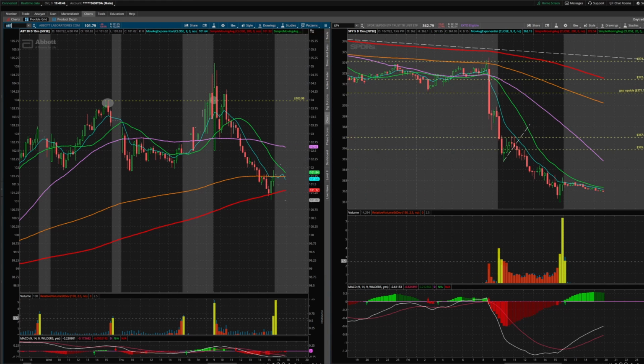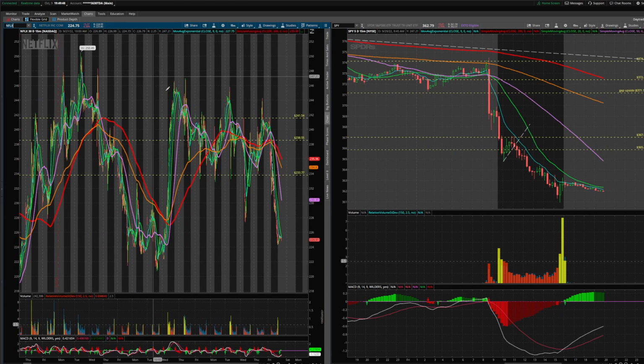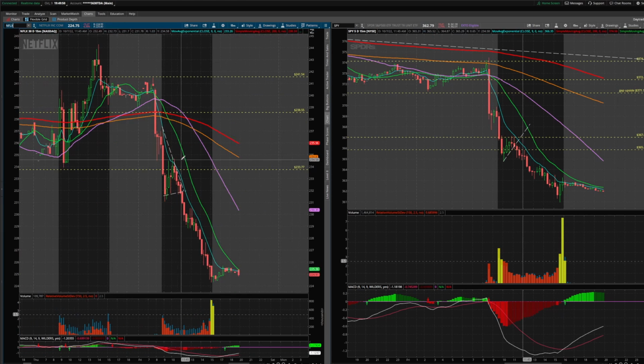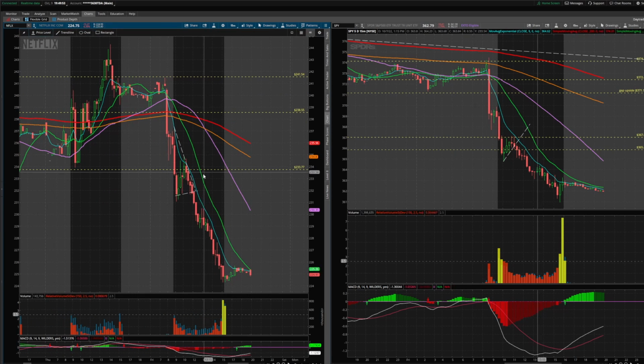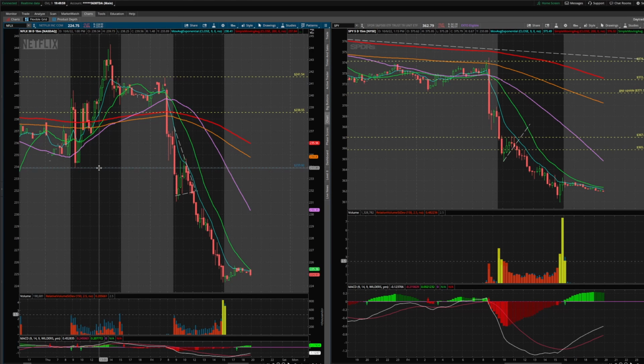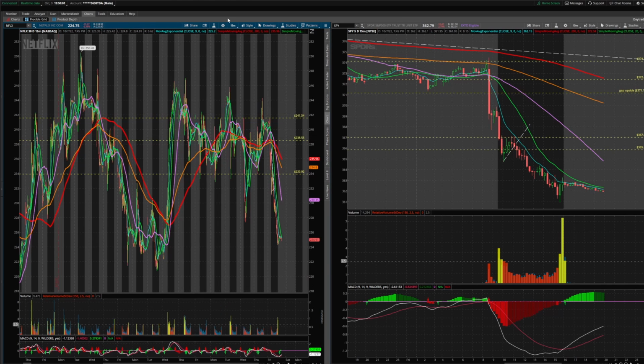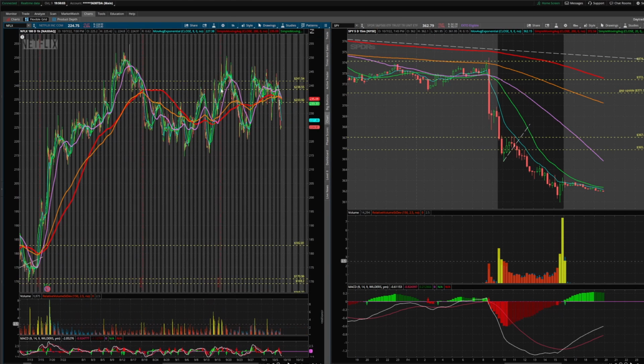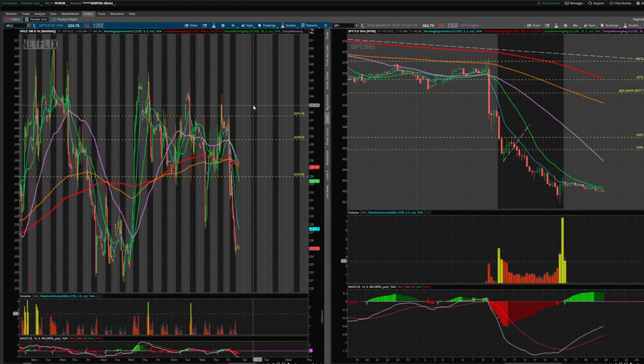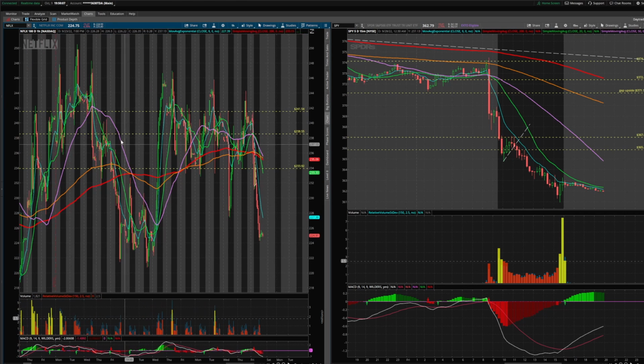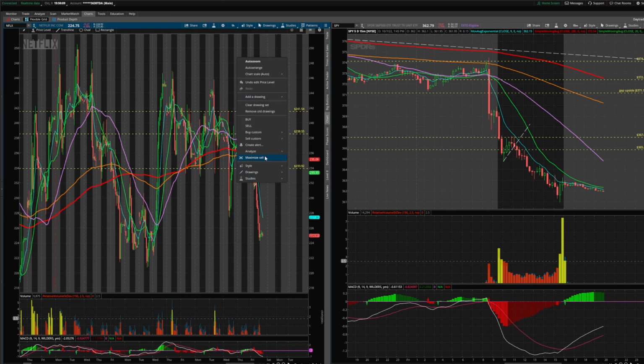I alerted the Netflix put over here. So the first Netflix put was over here. Overall, I've been watching Netflix for a potential move lower. This is the hourly chart on Netflix.